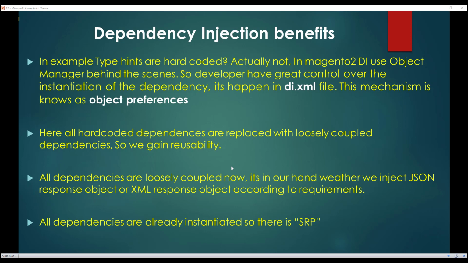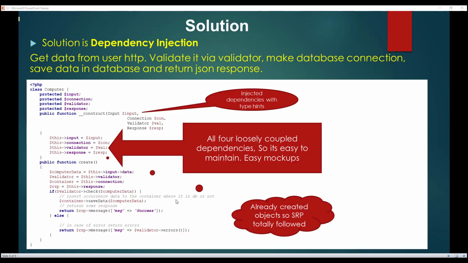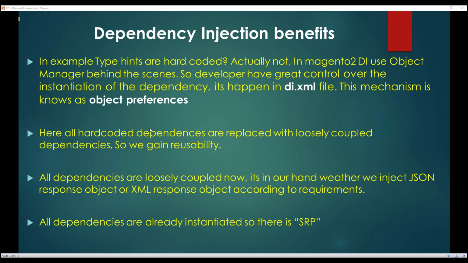It's not a big deal. We are also following the single responsibility principle here, since we are only using these objects. One thing to mention is that type hints are very important. We will discuss this in our coming videos.